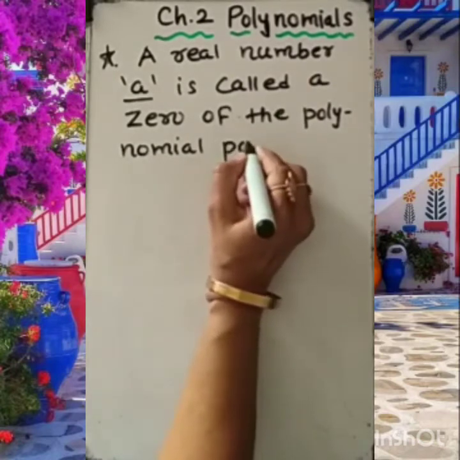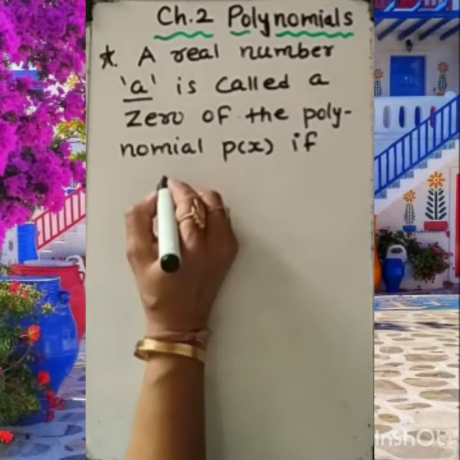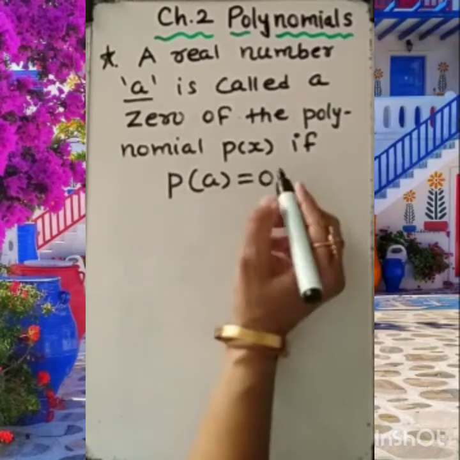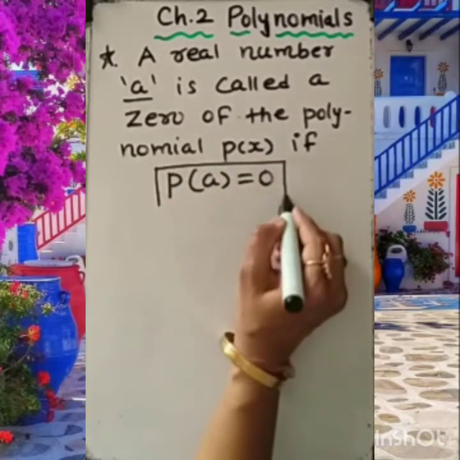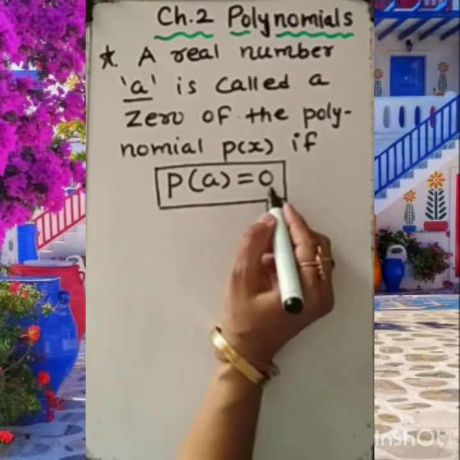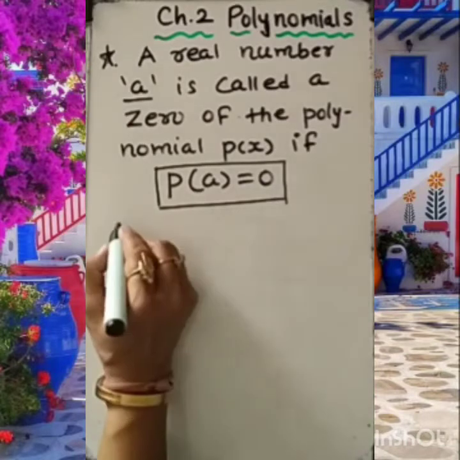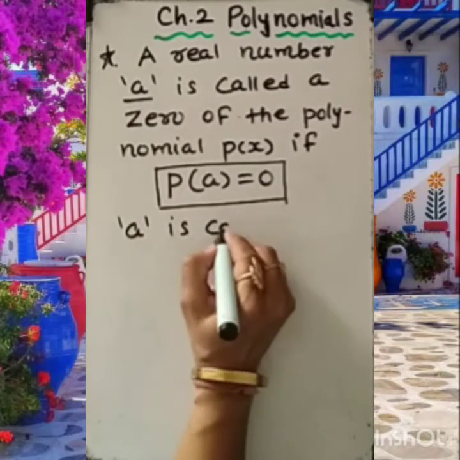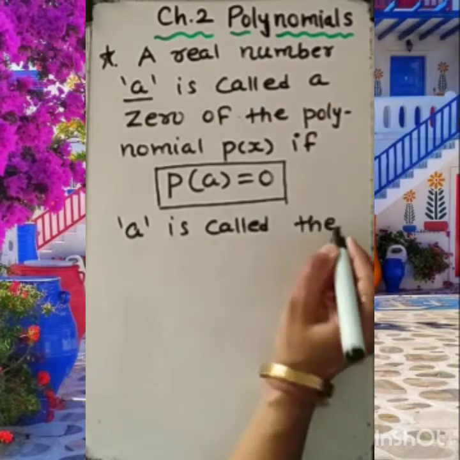In which condition is it a solution? If p(a) equals 0, meaning in place of x we write a, then the remainder should be 0. In this case, a is called the root of the polynomial.